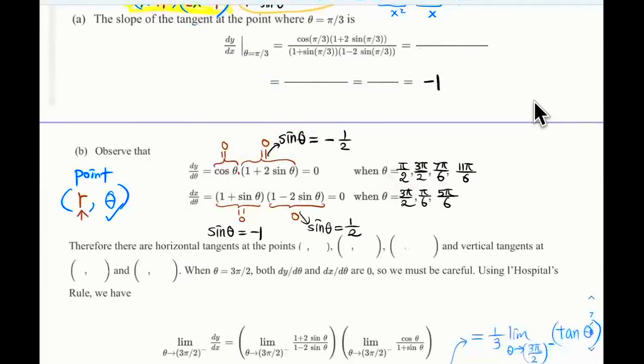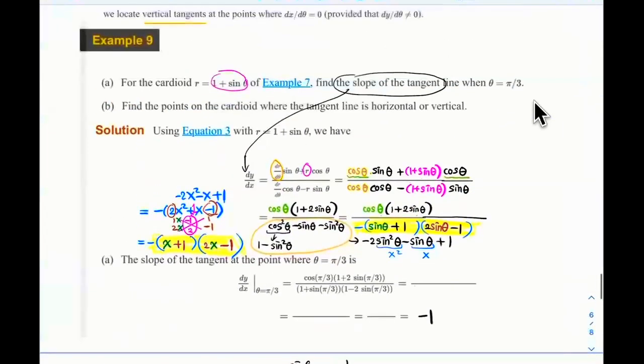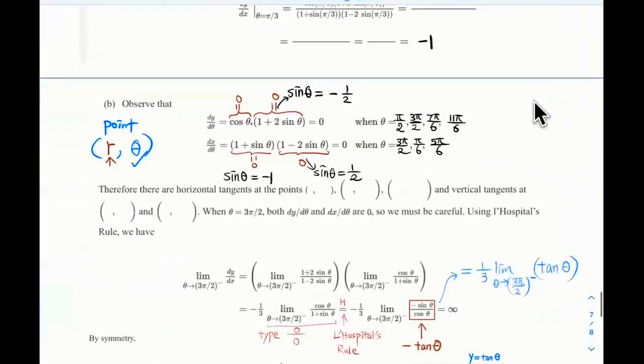What does it say here? r equals this, right? Let me copy this. r is equal to 1 plus sine theta, and then you can just plug in the theta here and figure out the r.